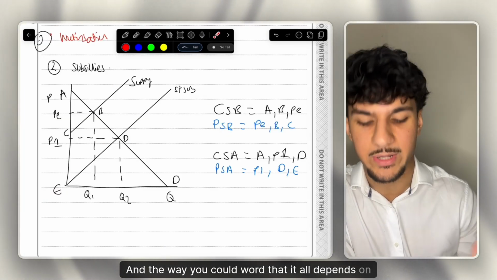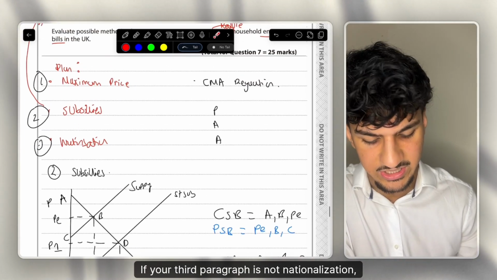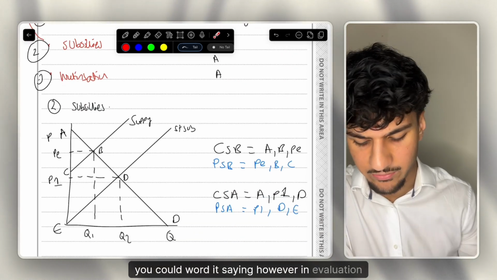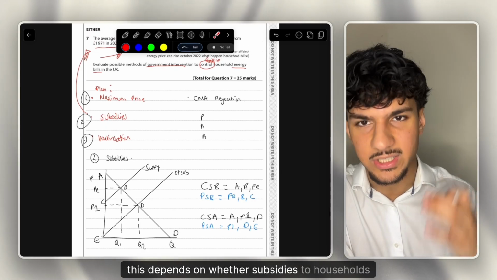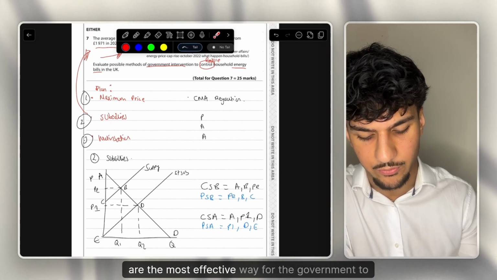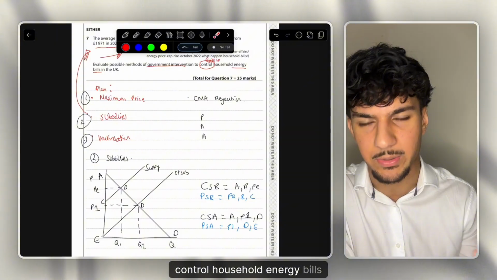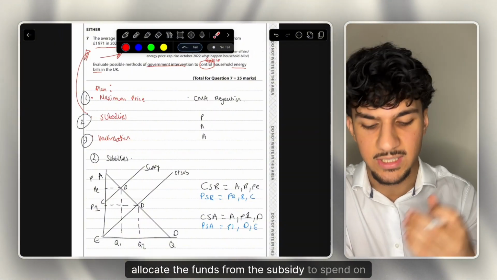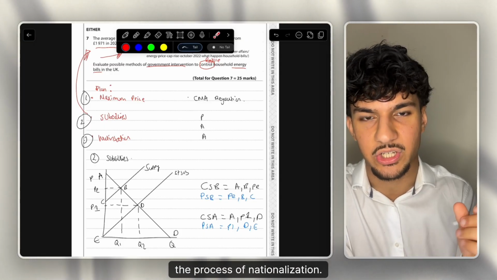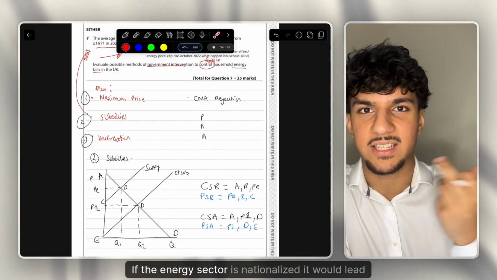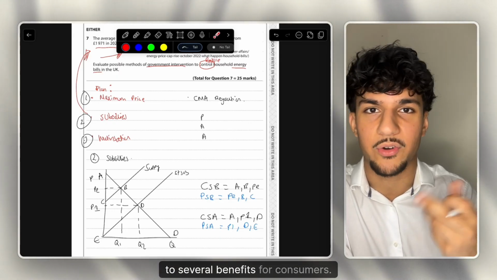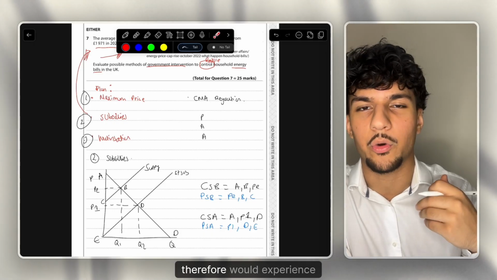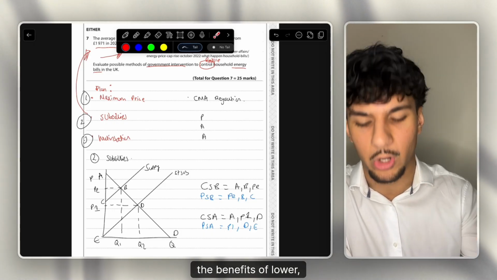And the way you could word that, it all depends on your paragraph. If your third paragraph is not nationalisation, maybe it's more to do with CMA regulation. You could word it saying, however, in evaluation, this depends on whether subsidies to households are the most effective way for the government to control household energy bills, as the government could allocate the funds from the subsidy to spend on the process of nationalisation, as if the energy sector is nationalised, it would lead to several benefits for consumers, as the state would own the entire energy sector, therefore would experience the benefits of lower prices.